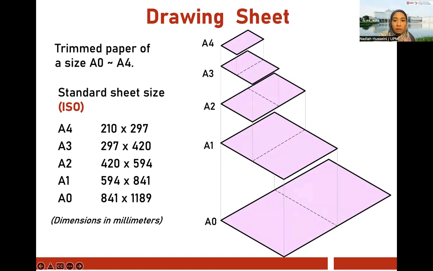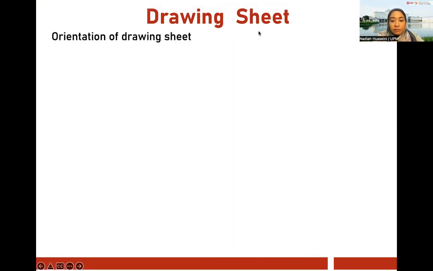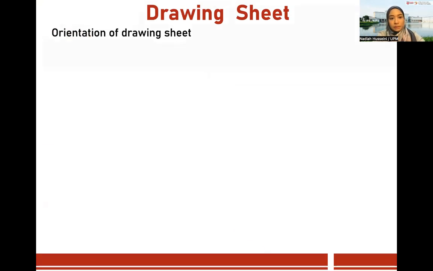They are all half of the next one. Or this one is the big one, half of this is A1, half of this is A2, half of this is A3, half of this is A4. It's not random. But A4 and A0 are a bit random, I think. I don't know which one they started with. Is it A4 or is it A0? I don't know.